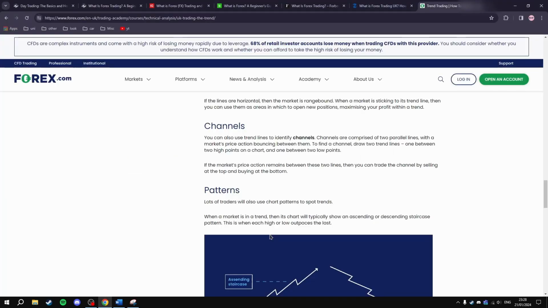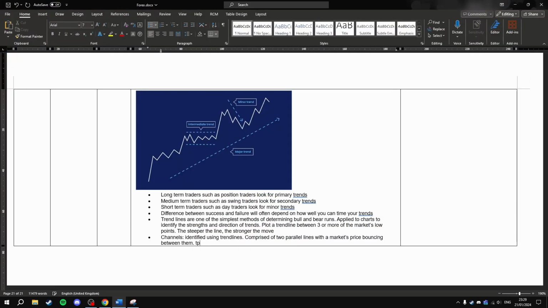To find a channel, draw 2 trend lines, one between 2 high points on the chart and one between 2 low points on the chart.